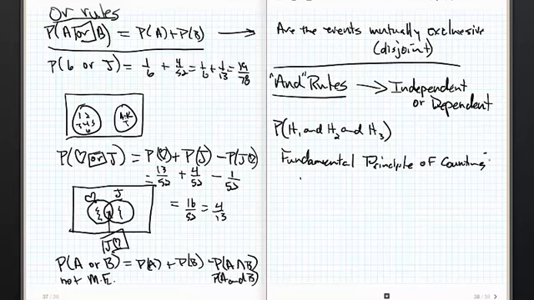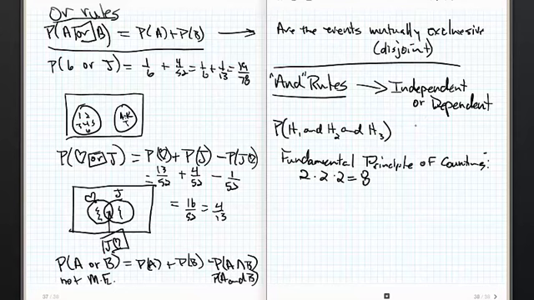The fundamental principle of counting says that if I have two outcomes on the first flip, and I have two outcomes on the second flip, and I have two outcomes on the third flip, since I'm combining all three of these flips to make a head on the first and a head on the second and a head on the third, I multiply them. So the size of my sample space when flipping three coins is 8 separate outcomes.